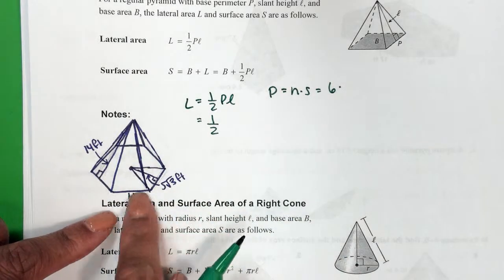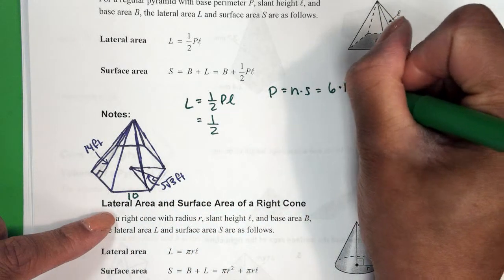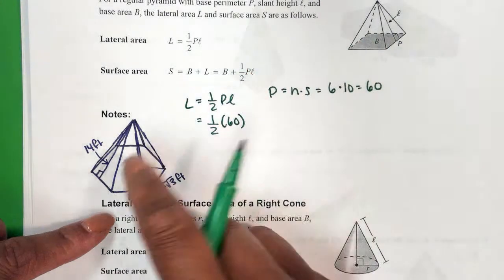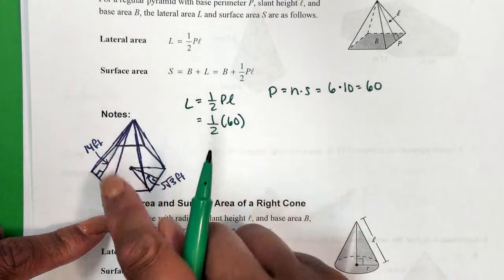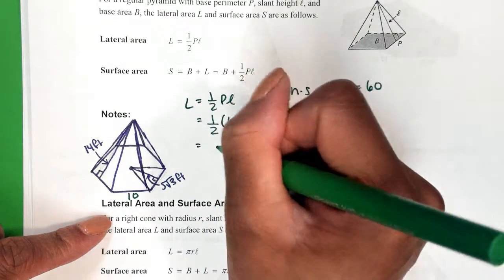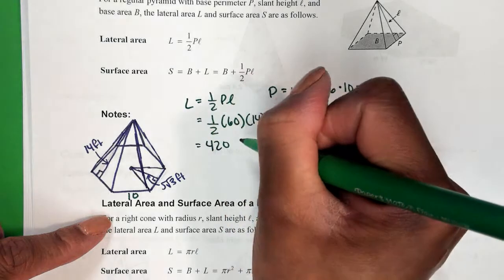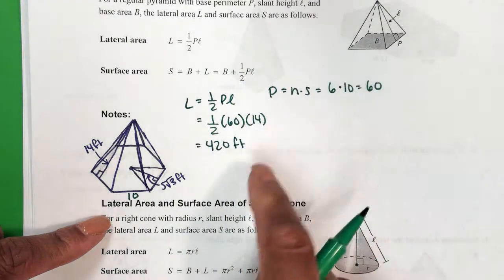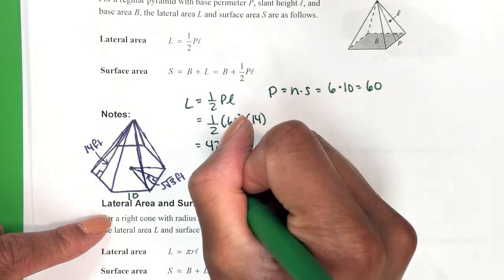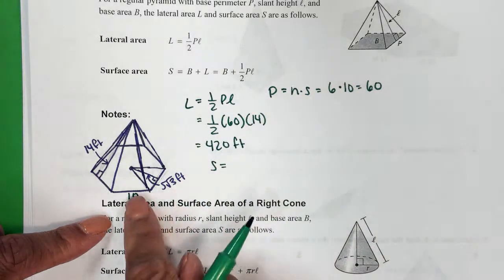I forgot to add that. So the perimeter is 60. The slant height I've already given here is 14 feet. So the lateral area is 420 feet.